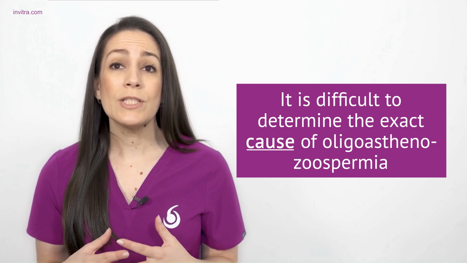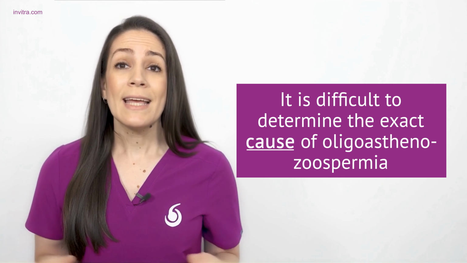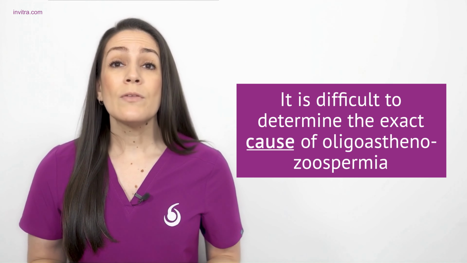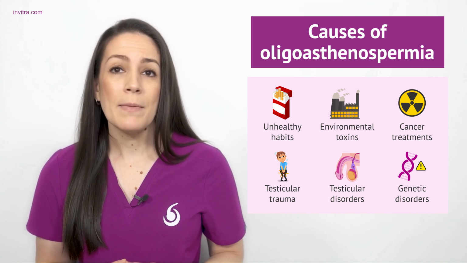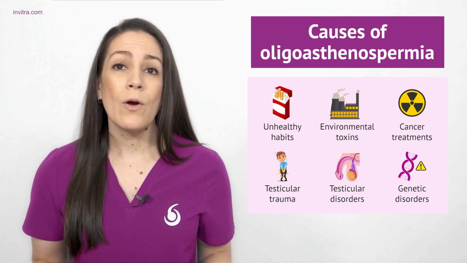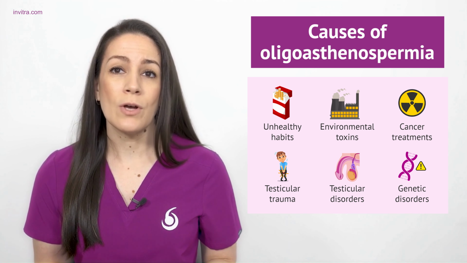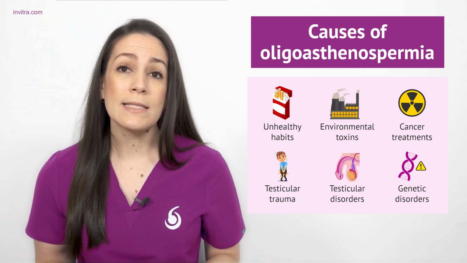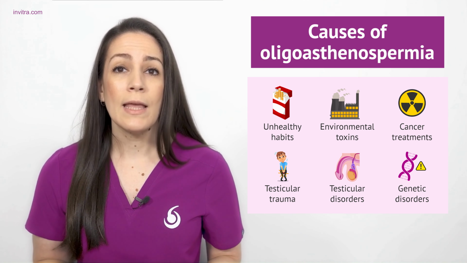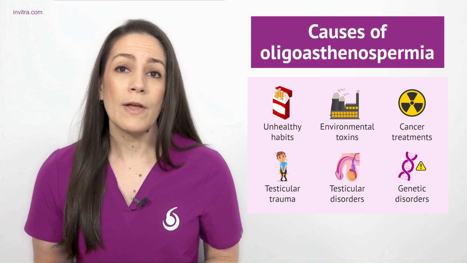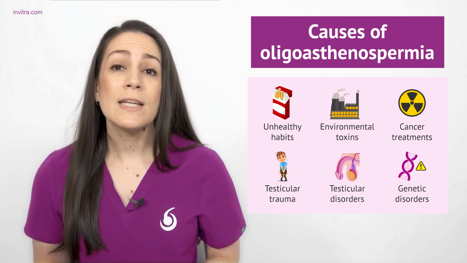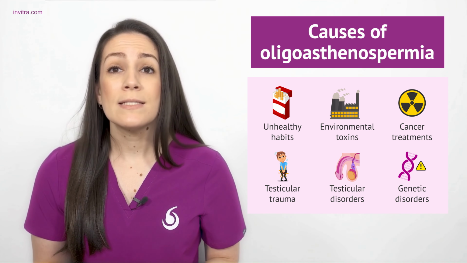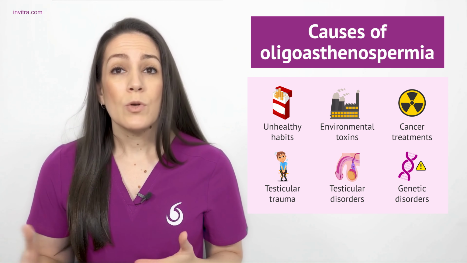It's difficult to establish the exact cause of oligoasthenozoospermia, as it usually goes unnoticed by the man until the moment he tries to achieve a pregnancy with his partner. Despite this, we're going to discuss some possible reasons related to the decrease in seminal quality: maintaining bad habits such as the consumption of tobacco, alcohol, or other drugs, exposure to environmental toxic agents, infection in the seminal tracts, not following a healthy and balanced diet, cancer treatments, radiotherapy, and chemotherapy, hormonal disorders, trauma to the testicles, testicular alterations such as varicocele, and genetic diseases like Klinefelter syndrome or Y chromosome microdeletions.